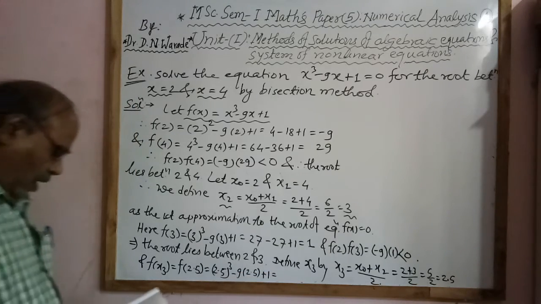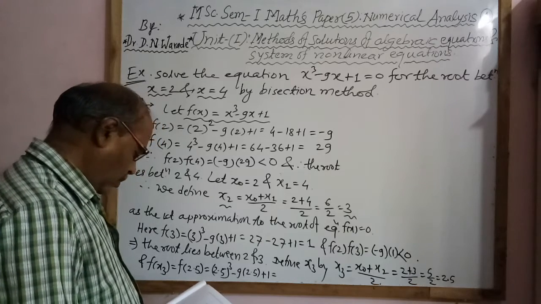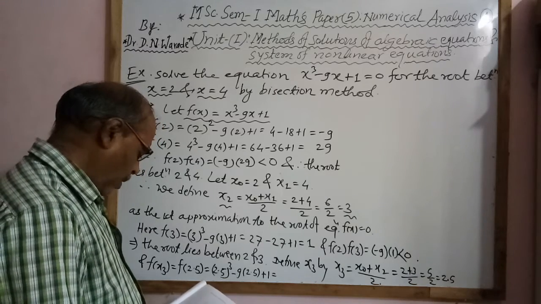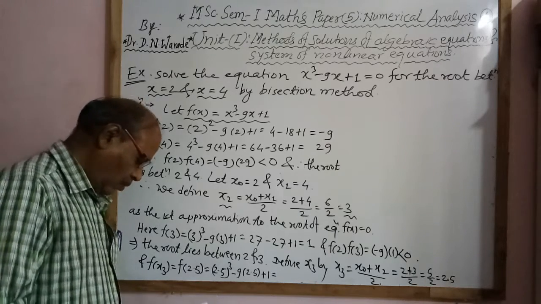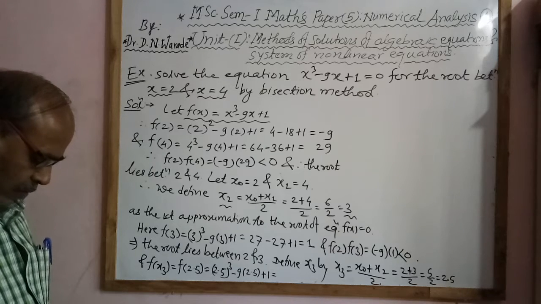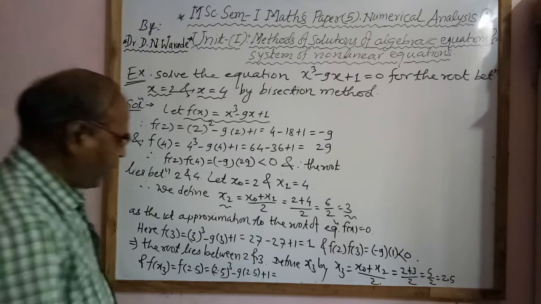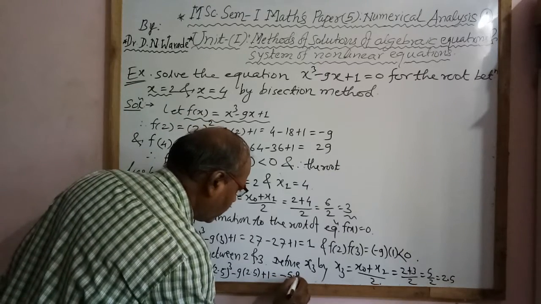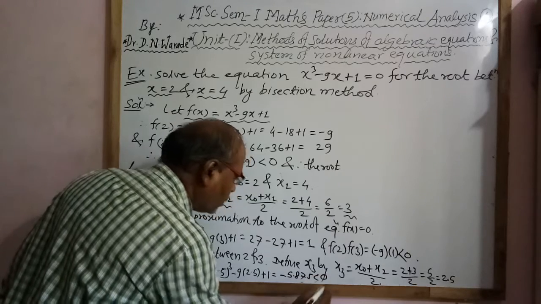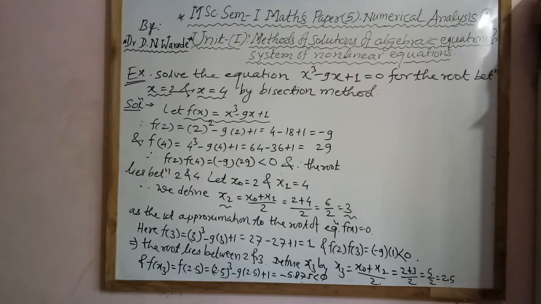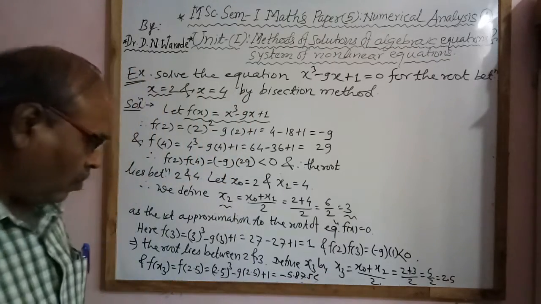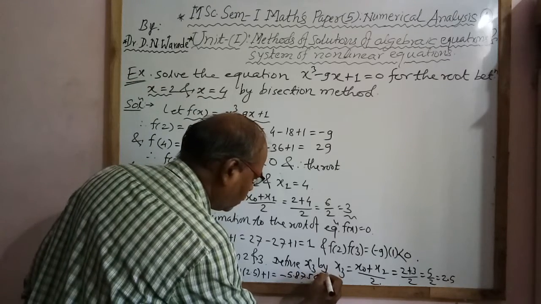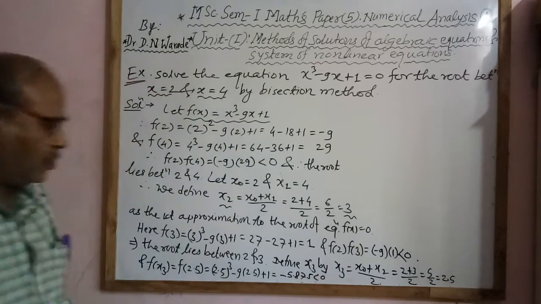Now we will get this value as negative, f of x3 is minus 5.875, which is nothing but negative, less than 0.